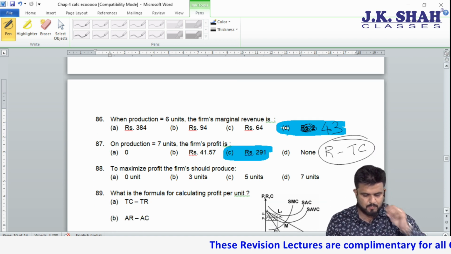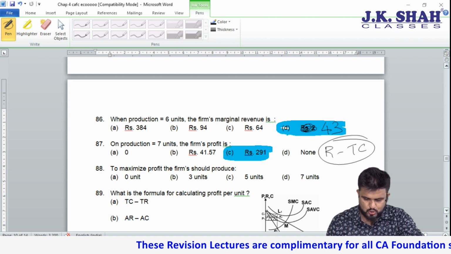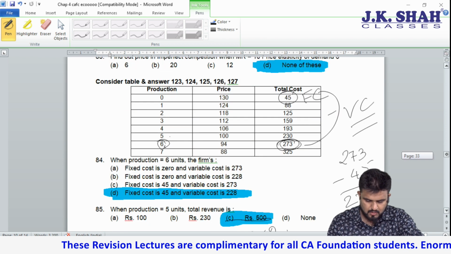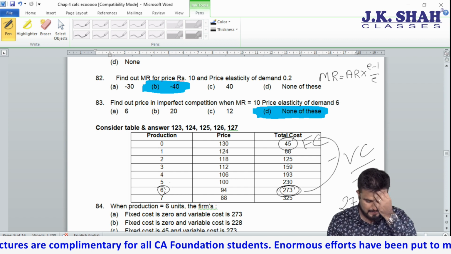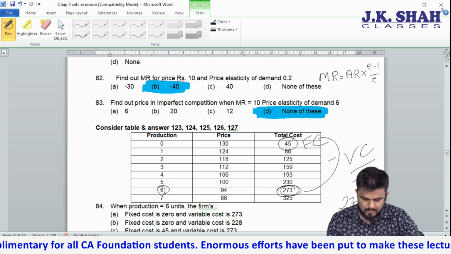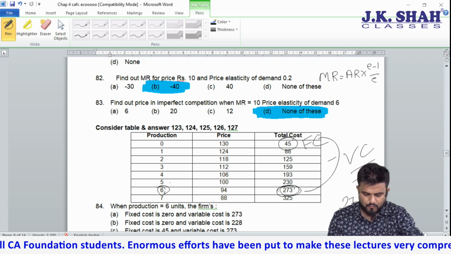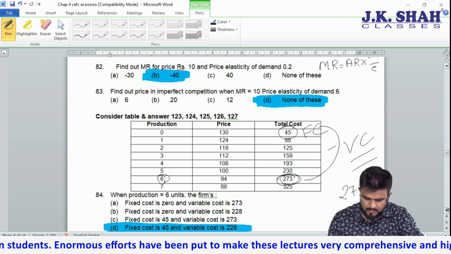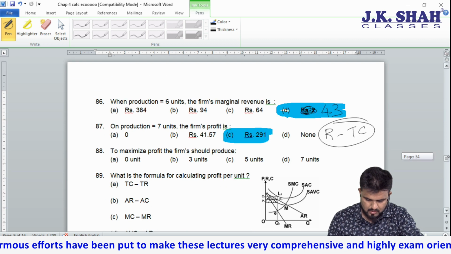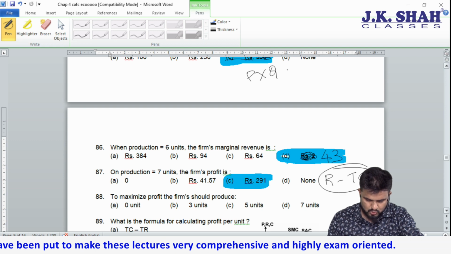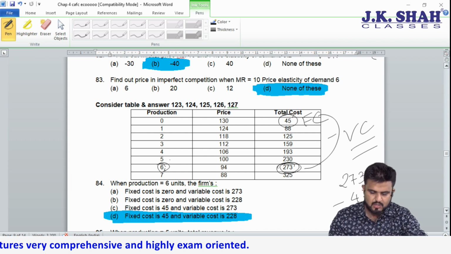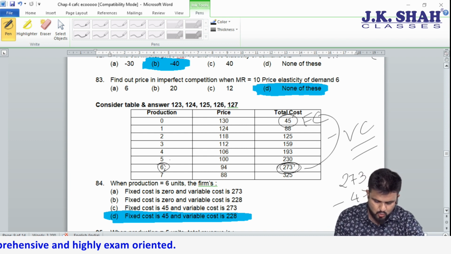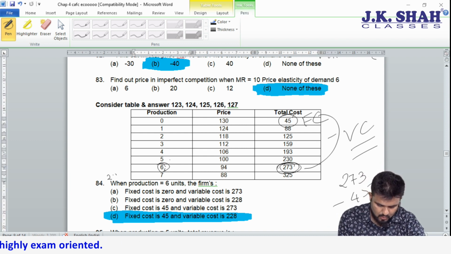Next, to maximize profit, firms should produce. So where the profit is more, let us check. Let us start with 7 first. So 7 is 288. Okay, profit.